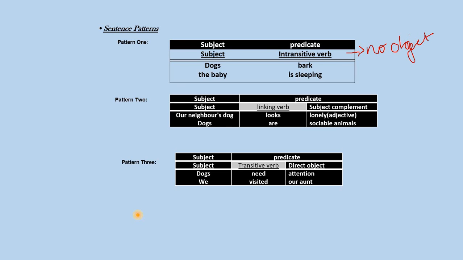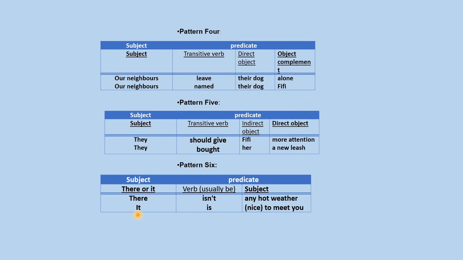It can be subject plus intransitive verb. It can be subject plus linking verb plus subject complement. It can be subject plus transitive verb plus direct object. It can also be subject plus transitive verb plus direct object and object complement. Or it can be subject, transitive verb, indirect and direct objects.